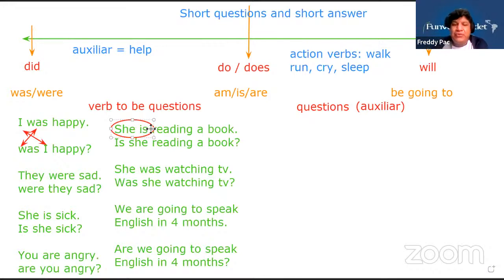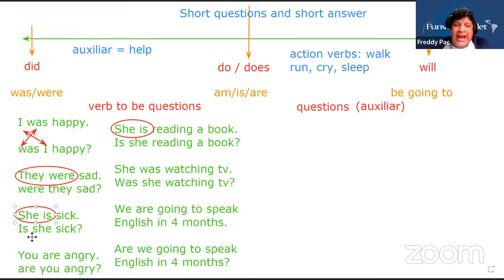If the sentence is with the verb to be, what is the question? It has to be with the verb to be. No auxiliaries. Okay? Do you understand? For example, look, they were sad. The verb to be is there, so I create the question with the verb to be: were they sad?